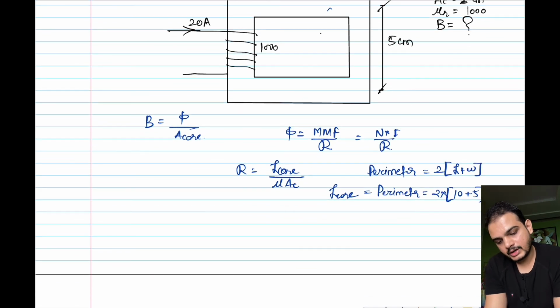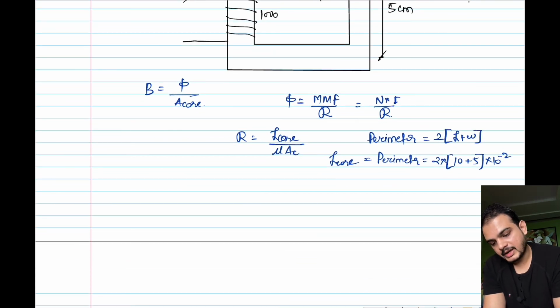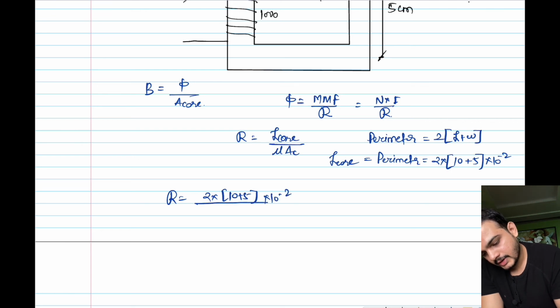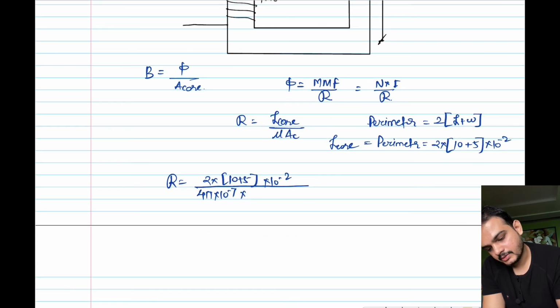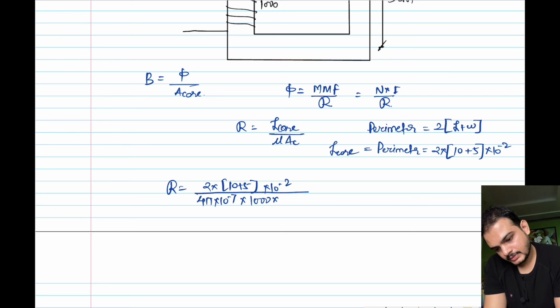Now we have the length of core, the value of mu, and the area of core material is also given. Therefore the reluctance is equal to 2 into (10 plus 5) into 10 to the power minus 2, divided by mu naught, 4 pi into 10 to the power minus 7, into mu r value. Mu r value is given as 1000, into area of core.